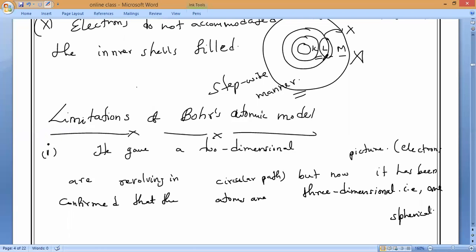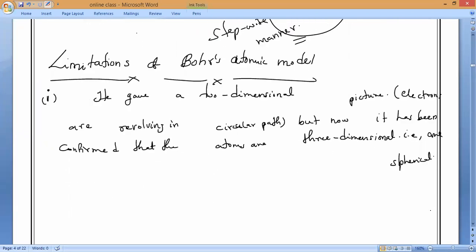Next, he did not give any idea about the shape of molecules and how molecules are formed. He just explained about the electrons. As we know, hydrogen, nitrogen and chlorine atoms cannot stay alone. They always form molecules: hydrogen molecule, nitrogen molecule, chlorine molecule, oxygen molecule.